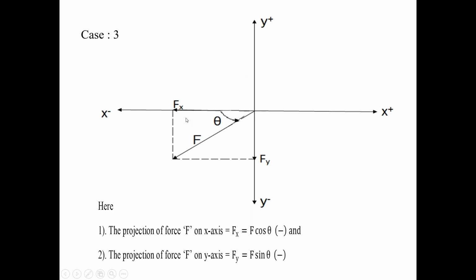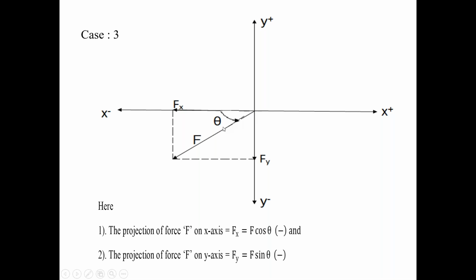Everyone on the cell phones, please look at the third condition. The force F is in the third quadrant. With the x-axis here also, the force F makes the angle theta. Again, this force F has two projections. The x-axis projection is Fx, the y-axis projection is Fy.